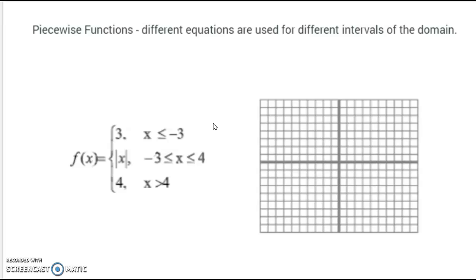function. So on this one, you are going to graph y equals 3 for all x's that are less than or equal to negative 3. So negative 3, and I'm doing my best, I'm going to be on my tablet again, so try to make your lines as precise as possible.